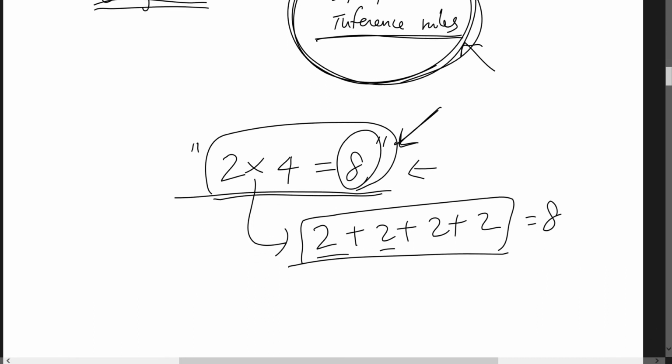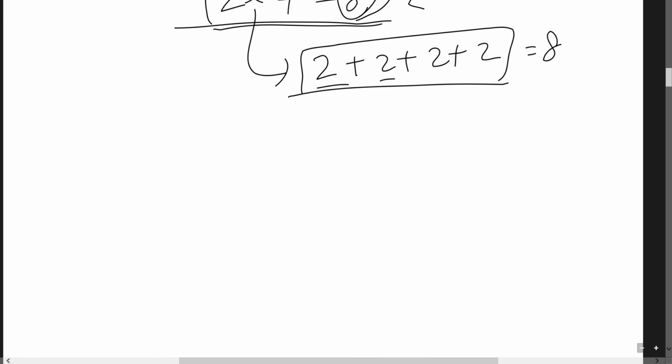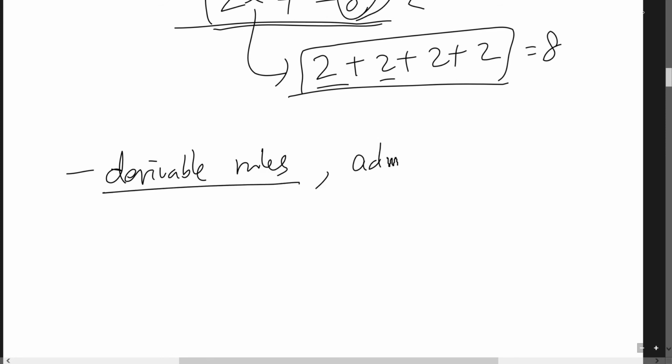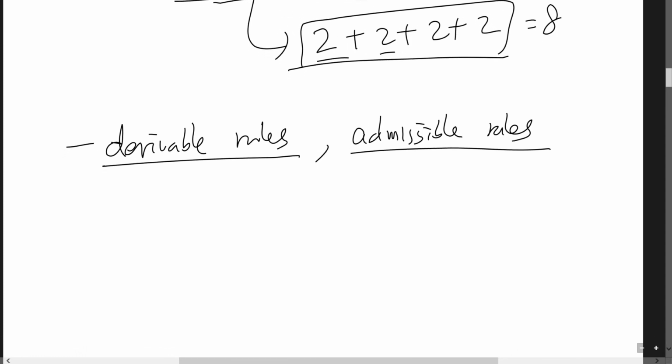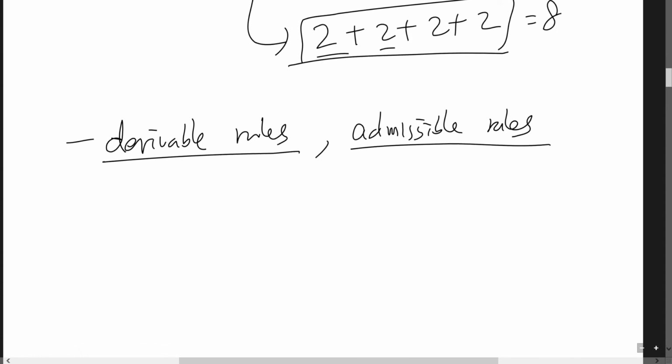It turns out that there are two ways to add new inference rules. The first is derivable rules, and the second is admissible rules. Let's consider derivable rules first.